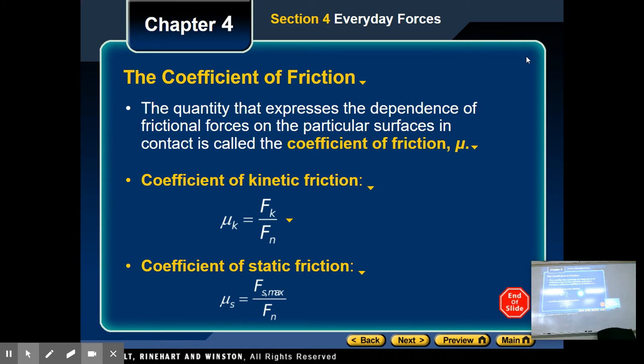Now, these two calculations result in a value that does not have a unit. There are no units involved with coefficients of friction, so that's going to take a little weight off of you when you're calculating this. But again, like any other formulas, we can rearrange these to solve.